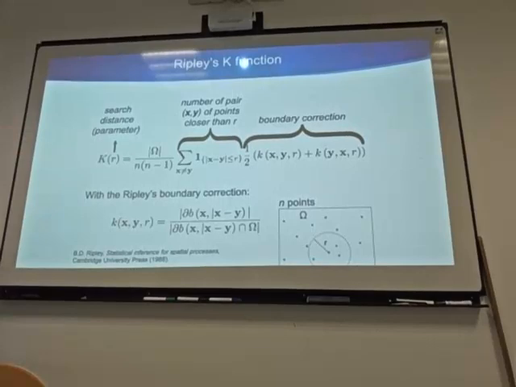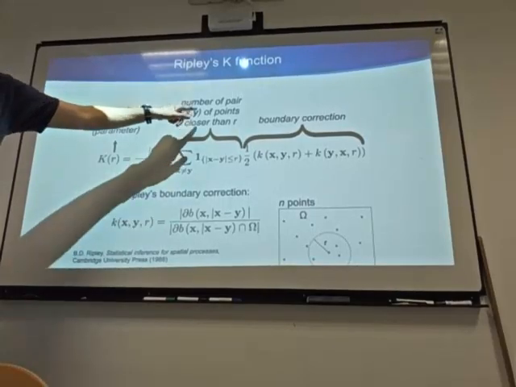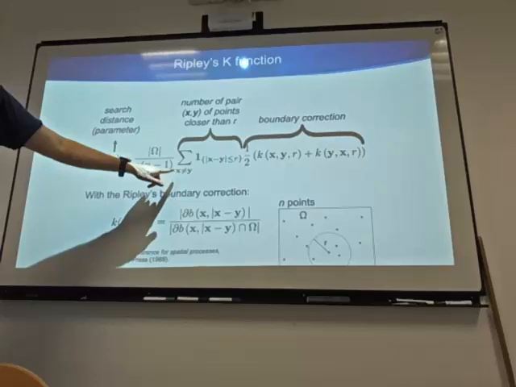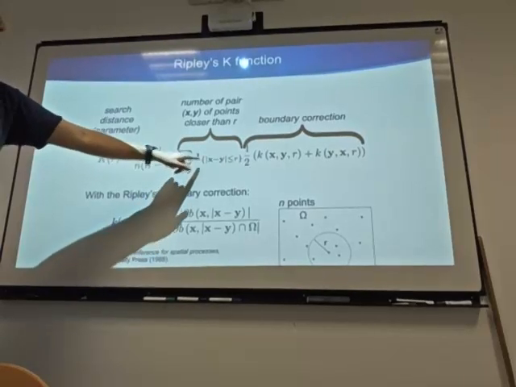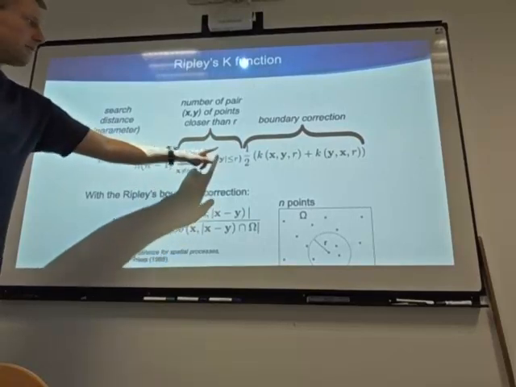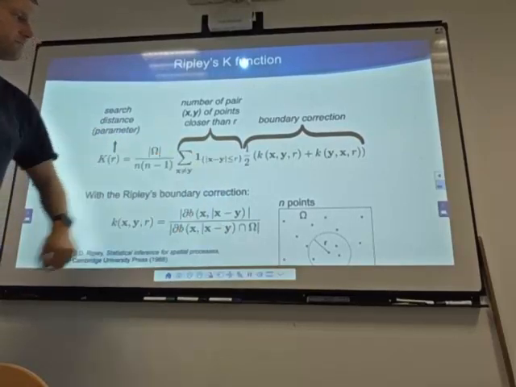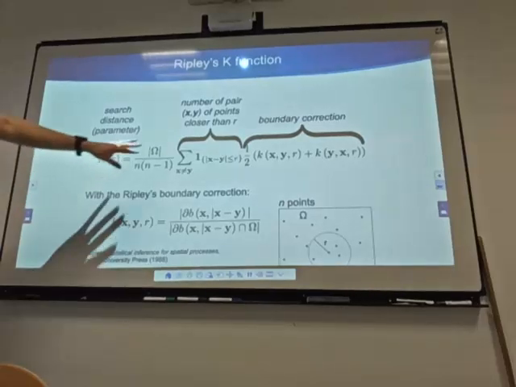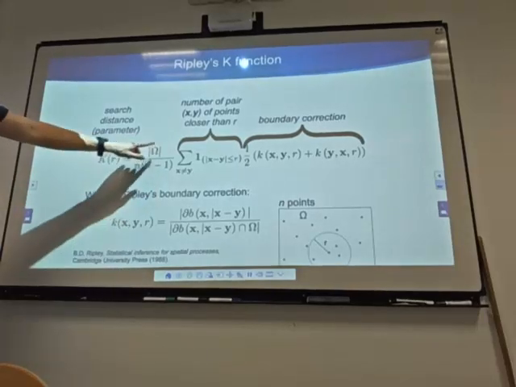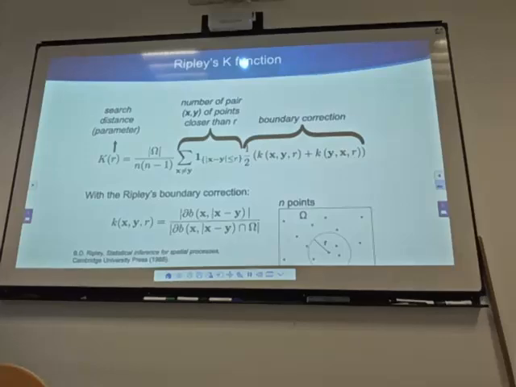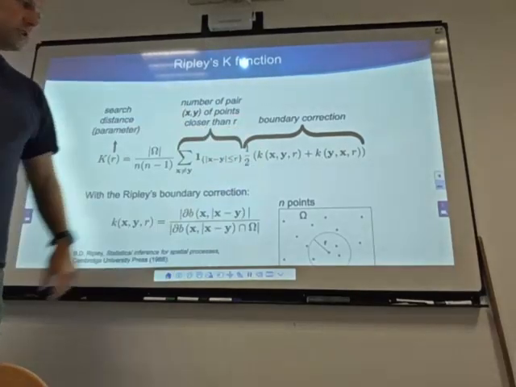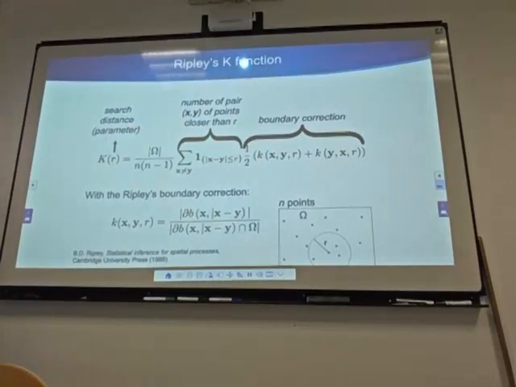And around this, for each point X in your distribution, you count how many points Y you have at a distance less than R. Here, this is a normalization factor, the whole size of the domain divided by n times n minus 1, where n is the number of points. And here, this is a boundary correction, because actually it's quite important.